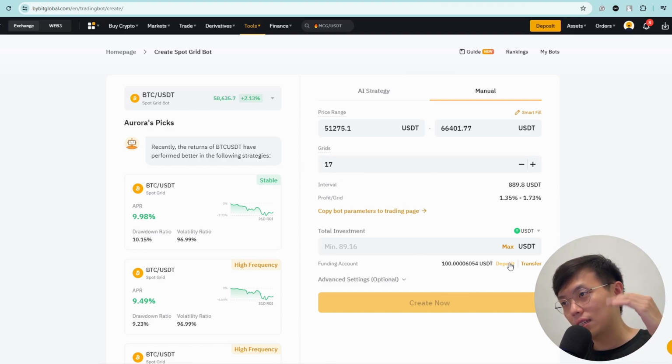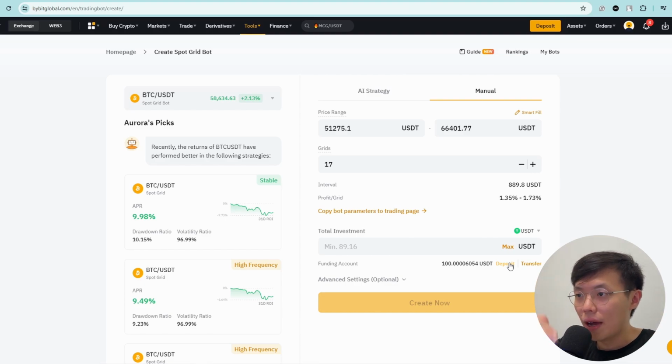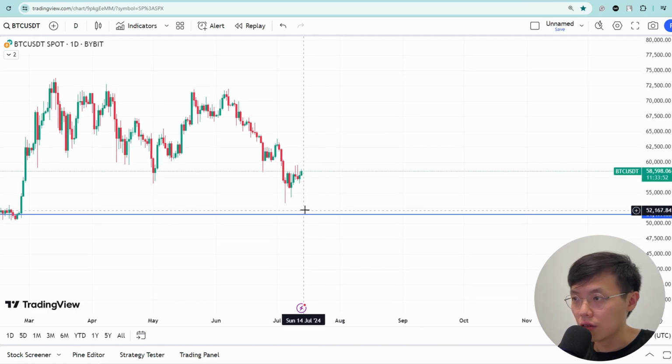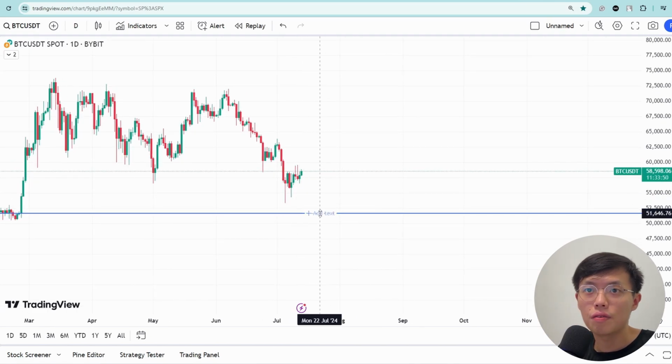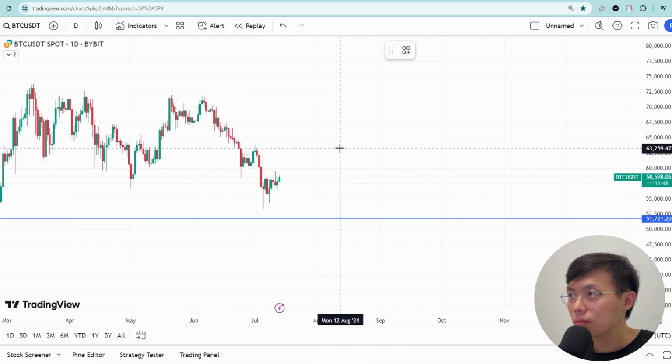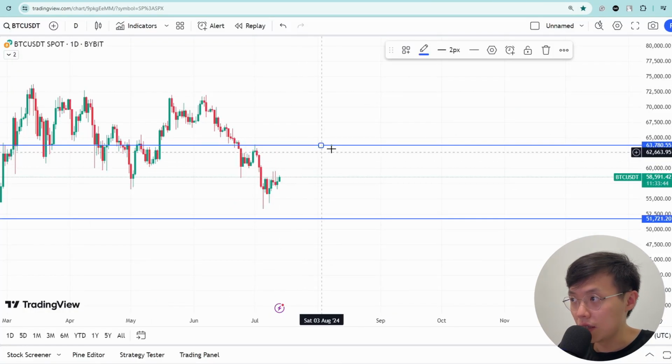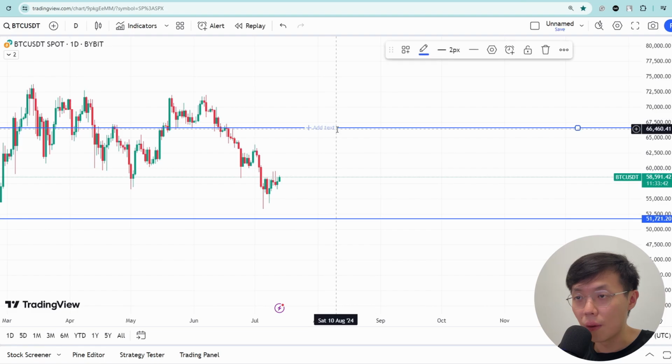It creates 17 grids for it to buy and sell, buy and sell, so it automatically fills in this range for you. Let's see what this range is. Okay, this is 71,275. Then we have 66,000 right here somewhere.